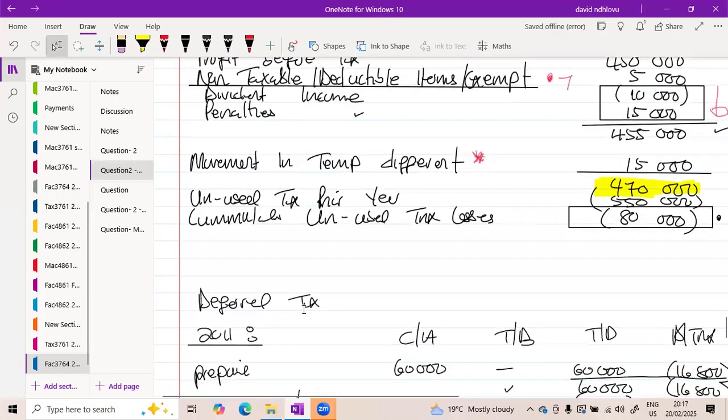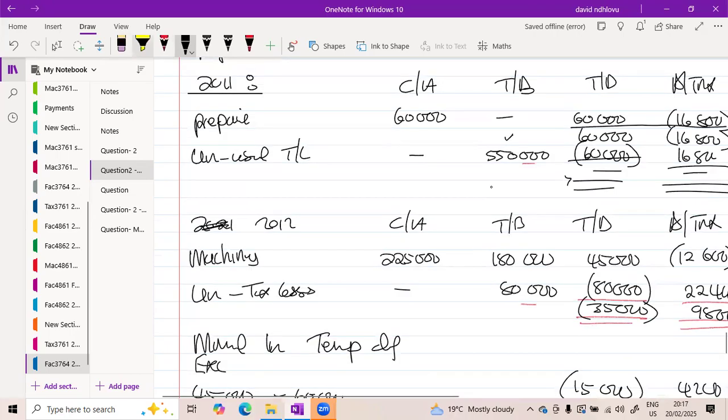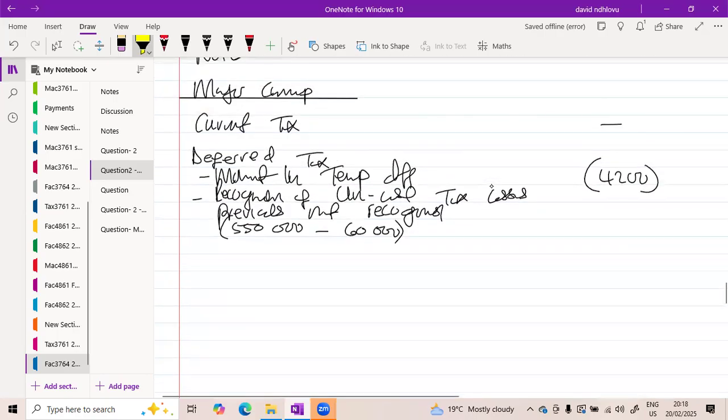So therefore, this is what we are talking about. Remember there had been a limitation there. So I want to check something, 550,000 minus 60,000. That would have been the limitation that you did. So you need to account for that here. So that will give you 137,200, and that will be a deduction.